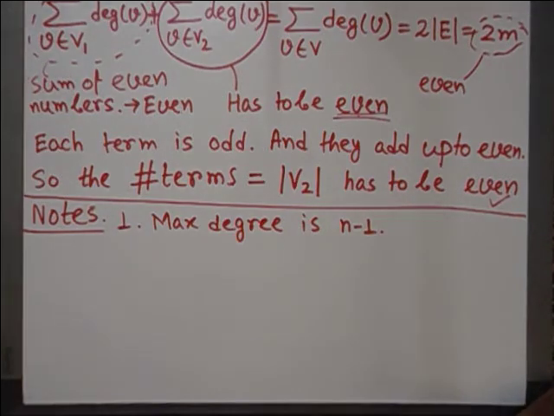So what is the maximum degree? Given any vertex v, how many other vertices can it be connected to? The graph has n vertices, so for any one single vertex it has n minus 1 possible neighbors, n minus 1 other vertices, and at max it can be connected to all these other vertices.